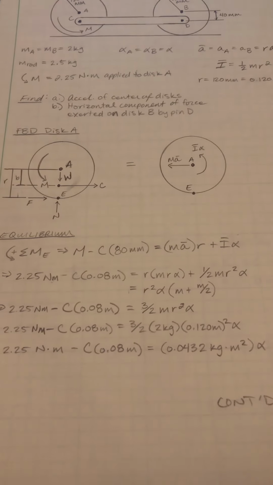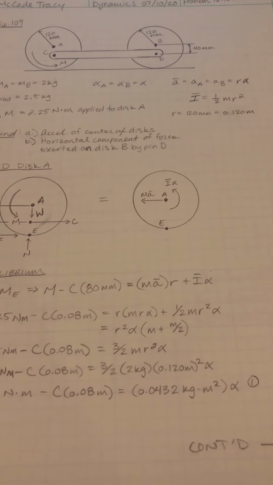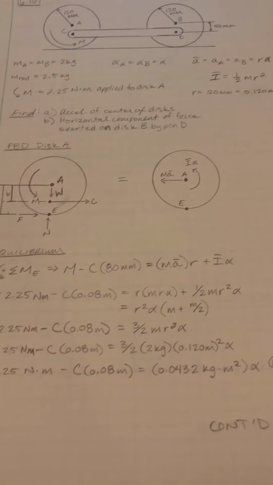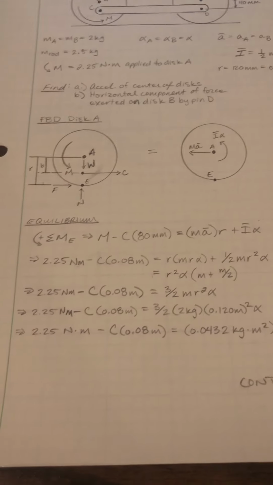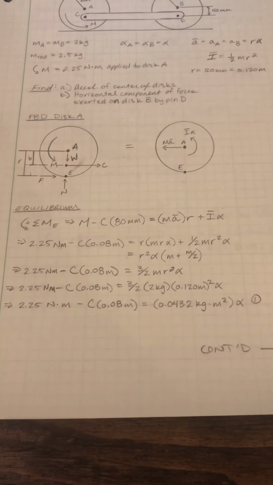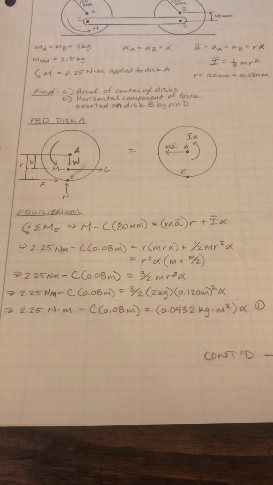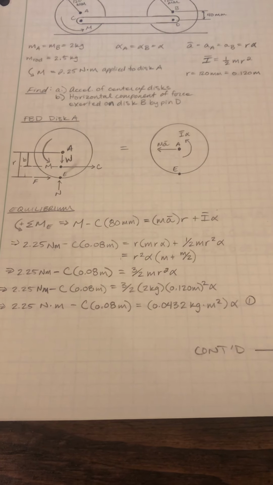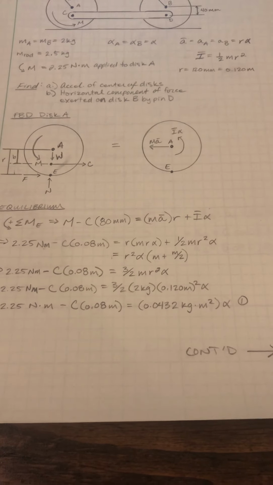Plugging in the equations given just under the diagram, and the values we have been given, and doing some simple algebra, we find that our first equation is 2.25 newton meters minus C times 0.08 meters is equal to 0.0432 kilograms per meter squared times alpha.